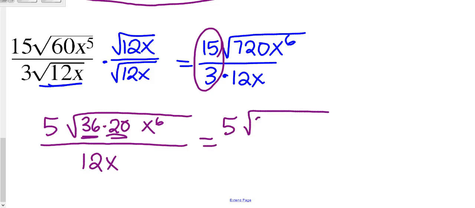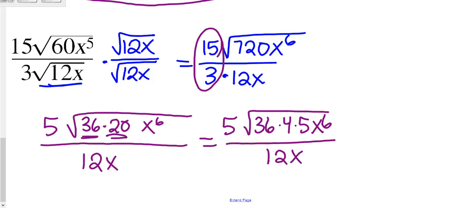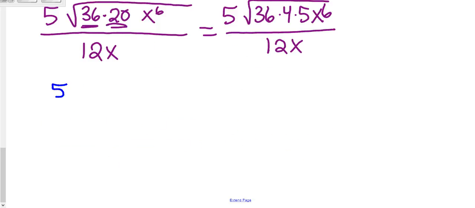We can write this as 36 times 4 times 5, x to the 6th over 12x. So we have 5 times the square root of 36, which is 6, outside of the square root. The square root of 4 is 2, that's also outside of the square root. And we cannot take the square root of 5, but we can take the square root of x to the 6th.